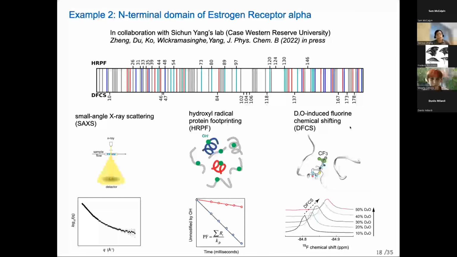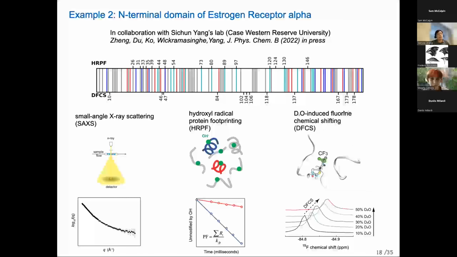So Sichuan Yang's lab applies 3 different experimental technologies. The first is small angle X-ray scattering, which roughly tells the size of the entire protein. And the size of the protein is relatively collapsed compared to other disordered proteins. The second and third are two experimental methods. Hydroxyl radical protein footprinting tells roughly the solvent accessibility of the labeling position.